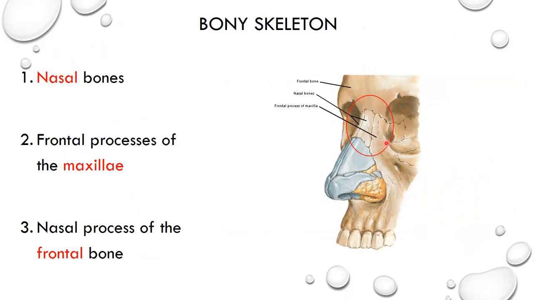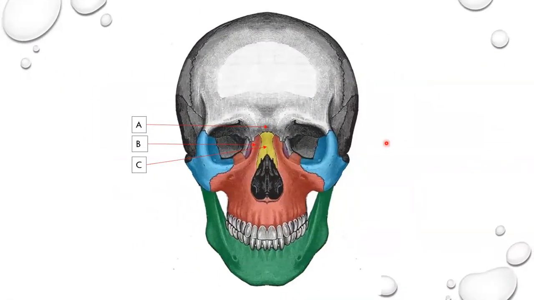Okay, these are the bony skeletons that make up the external nose. First is the nasal process of frontal bone, and then we have the nasal processes of maxilla and nasal bone.